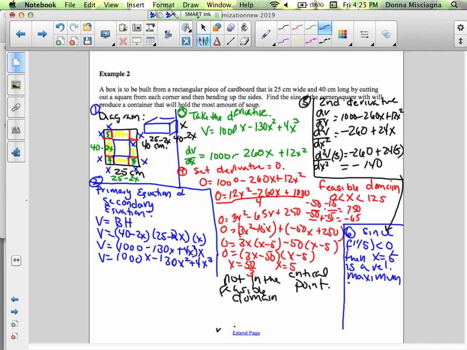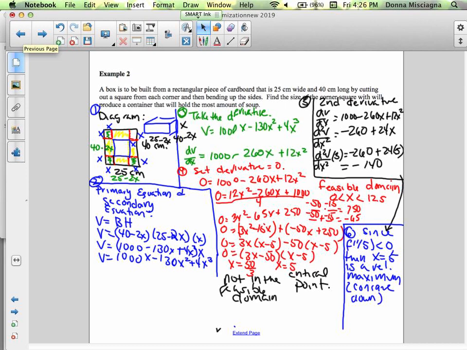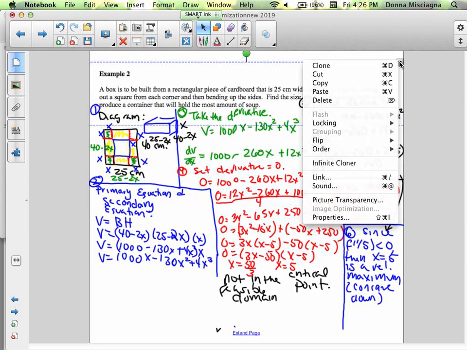Notice our function here, if we were to graph it, would have been concave down at that point. All right, so now we just need to answer the question. I'm going to take this question over to the next page. I'm going to walk over to the computer, cut and paste it there, and we'll answer the question.